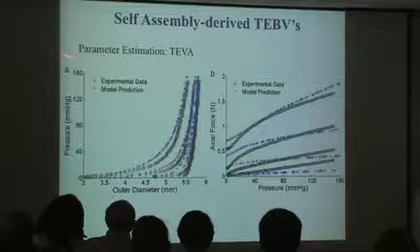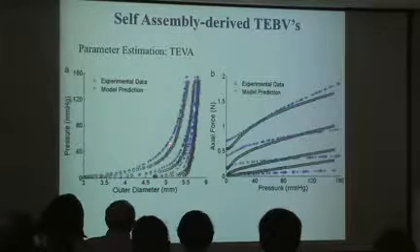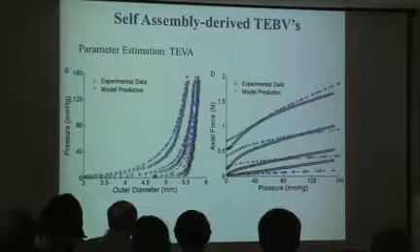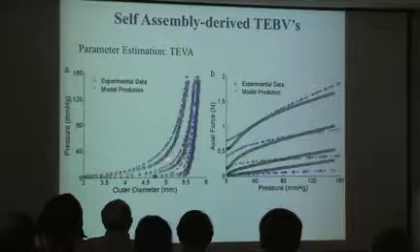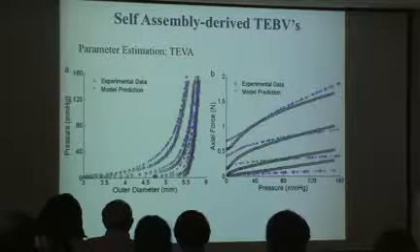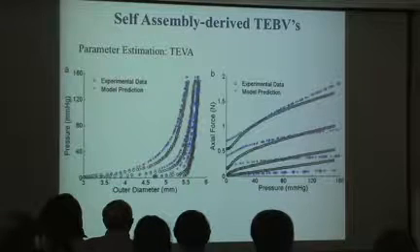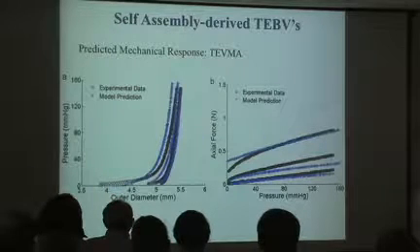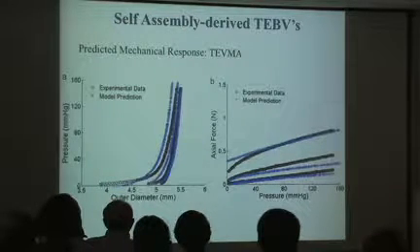We perform stress analyses on these to identify constitutive models. We perform parameter estimation. This is an example for the tissue-engineered vascular adventitia, where the black open circles are the experimental data and the blue pluses are model predictions. So we can get very good fits. And in fact, this is a prediction from parameters identified from the media and the adventitia.